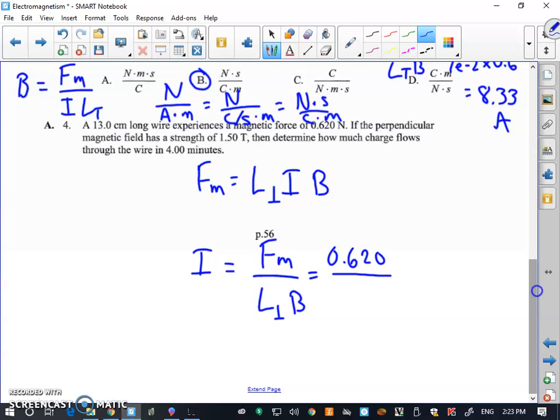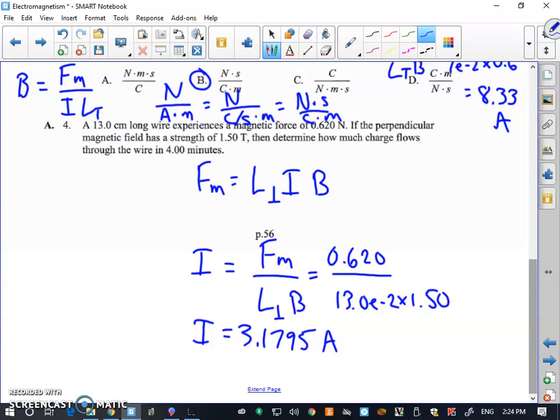Let's put in our information here. 0.620. L is 13 centimeters. So 13.0 E negative 2. And the magnetic field strength, 1.5. All right, do the calculation, please. 0.1795 amperes.